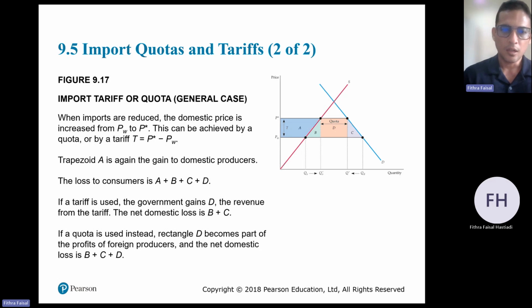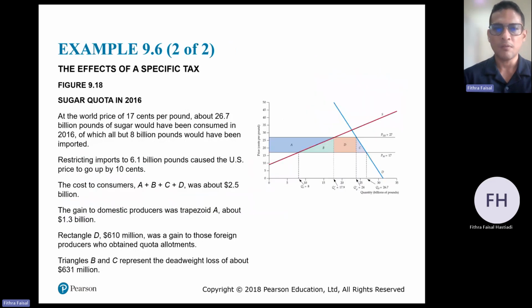So the net domestic loss should be B, D, and C, because now the government is not having revenue from this part. So all in all, we have this deadweight loss, inefficiency in the economy, because the government is trying to protect the domestic industry but is creating inefficiency and the loss of the consumer surplus, which is depressing the consumer's utility function.